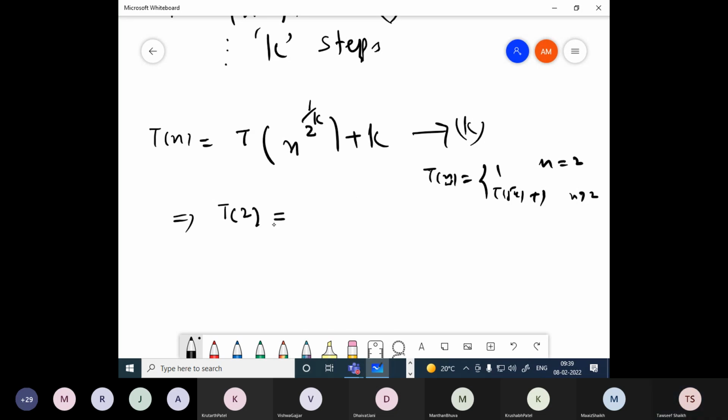So from equation k, if I had to make this term equal to T of 2, what does that mean? I had to substitute n power 1 by 2 power k equal to 2. This is what it means.